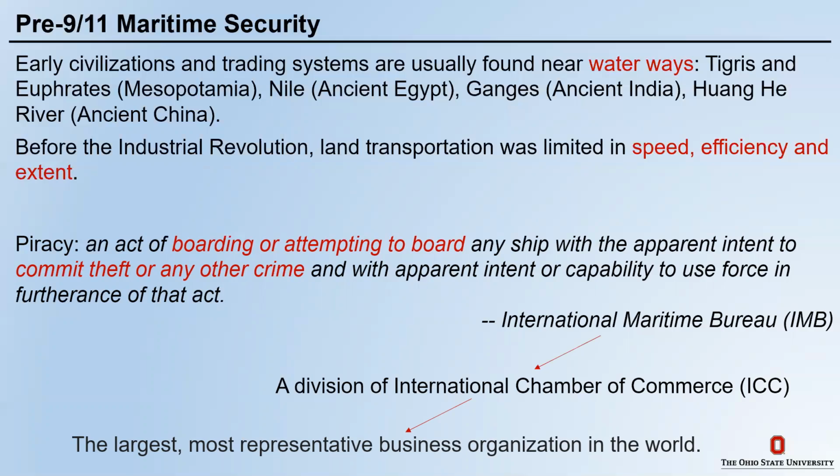So in the business world, those businessmen and companies care not only about maritime security, but in general transportation security, because if they want to do business and earn money safely, they need to care about the security of transportation systems, right? That's very natural. And the headquarters of ICC is in, I think, France, Paris.